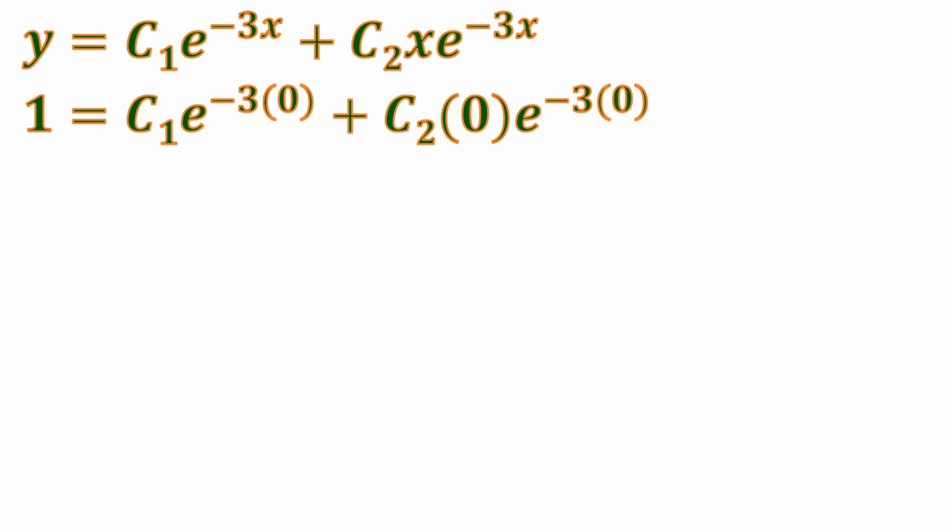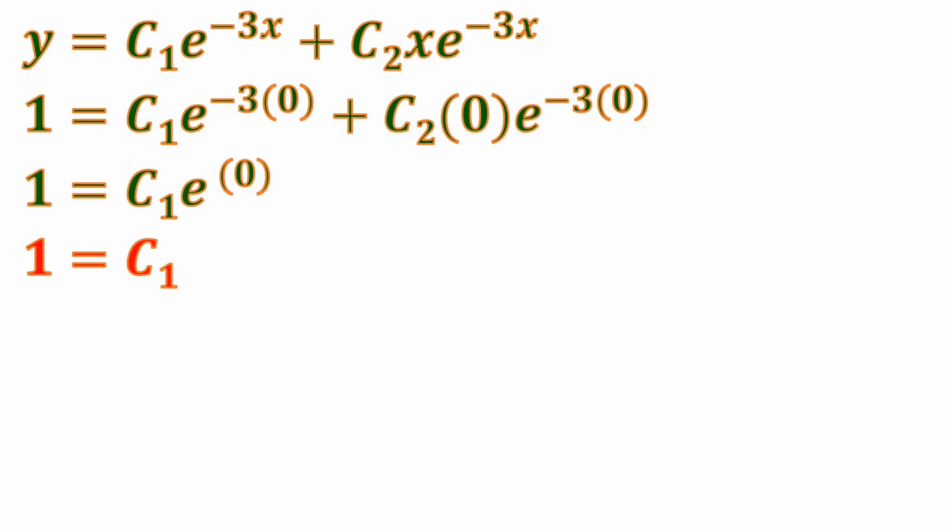That's the given initial value. Then since the second term contains 0 as x, it will be gone. C sub 2 times 0 is 0. So we are left with the first term. And let's simplify further. E raised to the 0 is 1, so you will not write it anymore. That means our C sub 1 is 1.